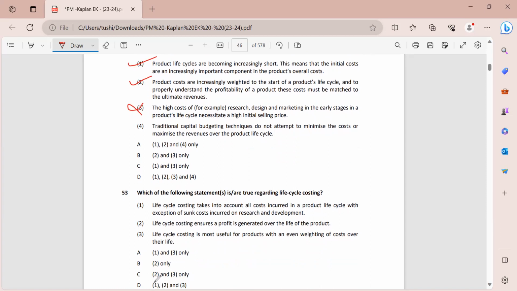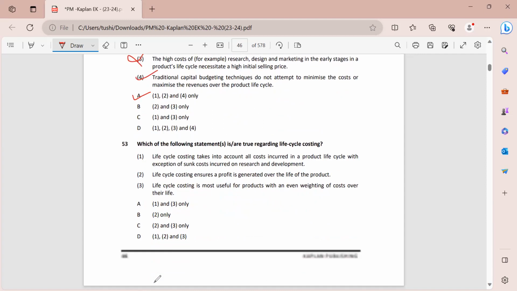Statement 4: traditional capital budgeting techniques do not attempt to minimize the costs or maximize the revenues over the product life cycle. Now, this statement is absolutely true. The deliberate attempt to maximize profitability is definitely the key to life cycle costing. So 1, 2, and 4 are correct, which makes option A the answer.